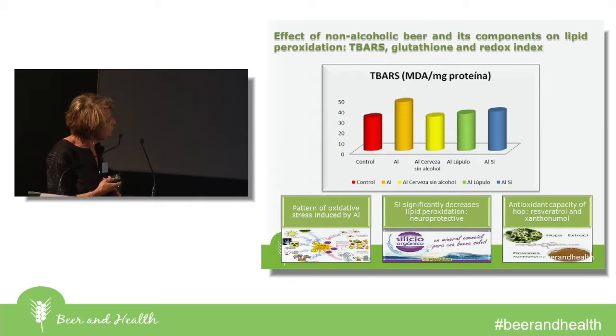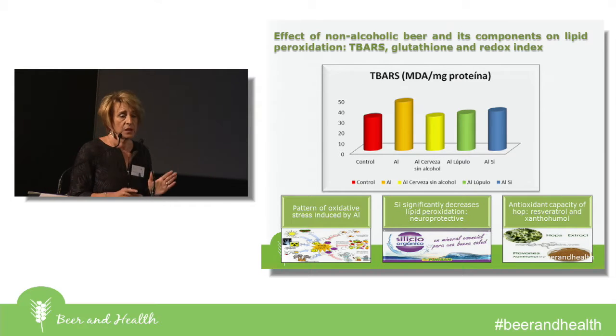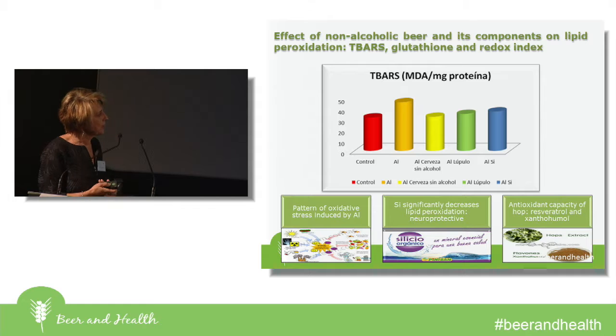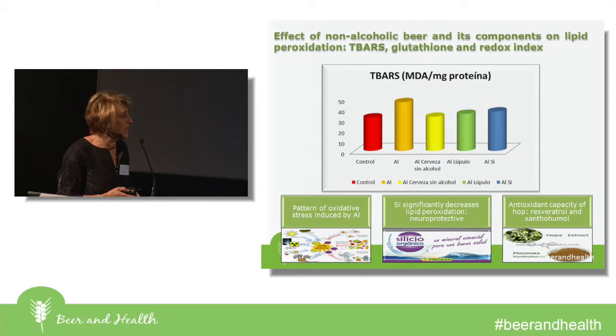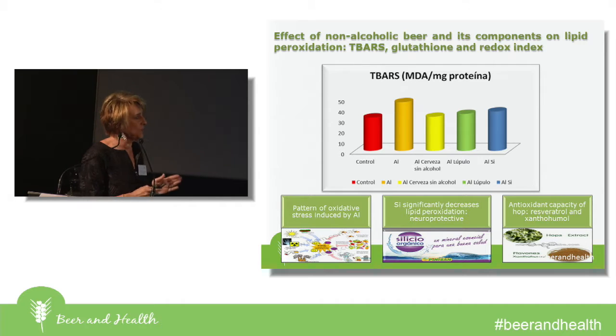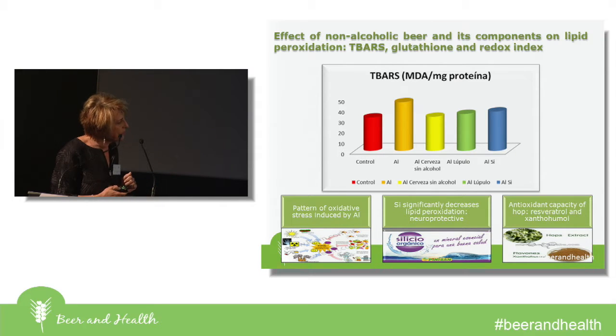Regarding oxidation, we see that with aluminum there is an oxidation pattern induced by its capacity to form free radicals, and silicone proves able to reduce this effect provoked by aluminum. In the case of hops, we can see that there was also a reduced lipid peroxidation, but in this case it is due to the polyphenols in hops.